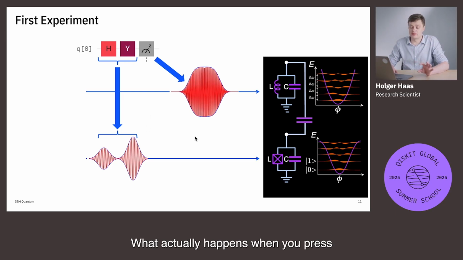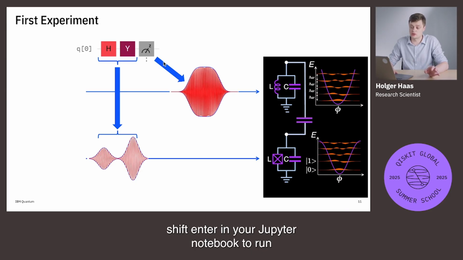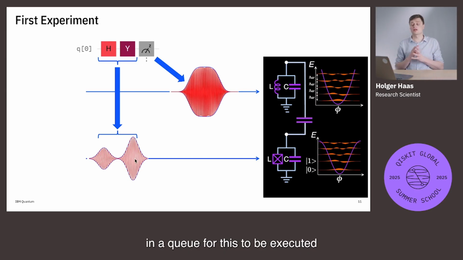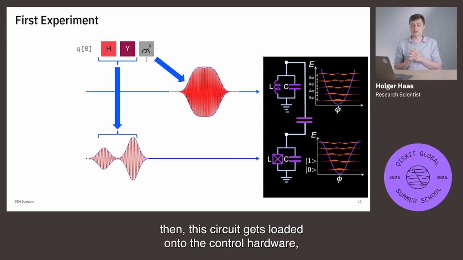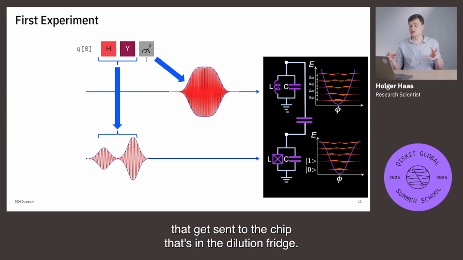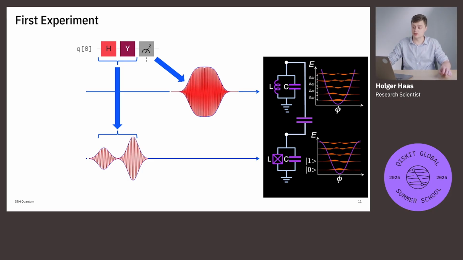What actually happens when you press Shift Enter in your Jupyter notebook to run this circuit is, after you waited in a queue for this to be executed, then this circuit gets loaded onto the control hardware, and the control hardware will emit microwave pulses that get sent to the chip that's in the dilution fridge.